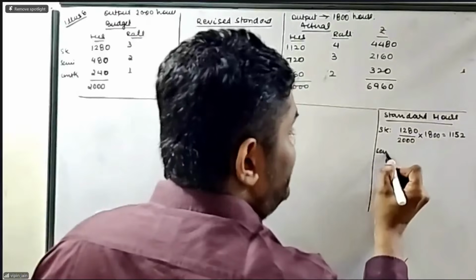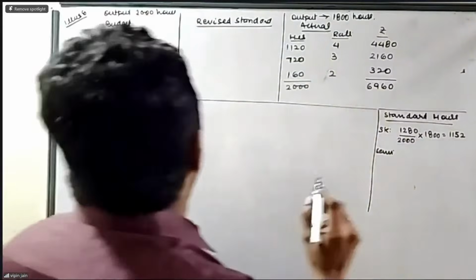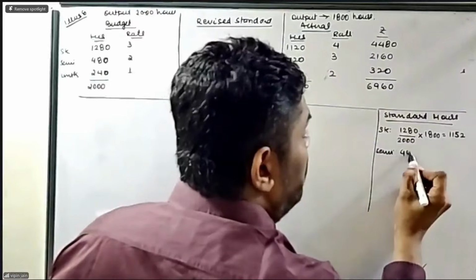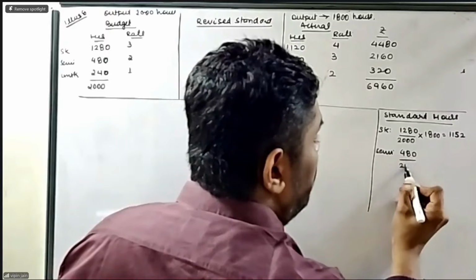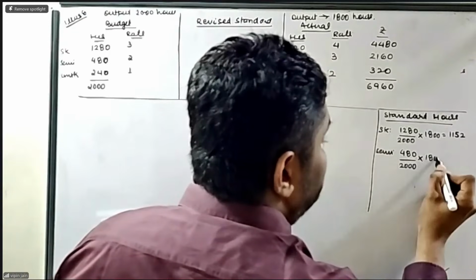Similarly, for semi-skilled, I'm not taking this 2000 hours, I'm taking an output of 2000 hours. Do make a note of it. So 480 for 2000 hours. So for 1800 hours, how much?